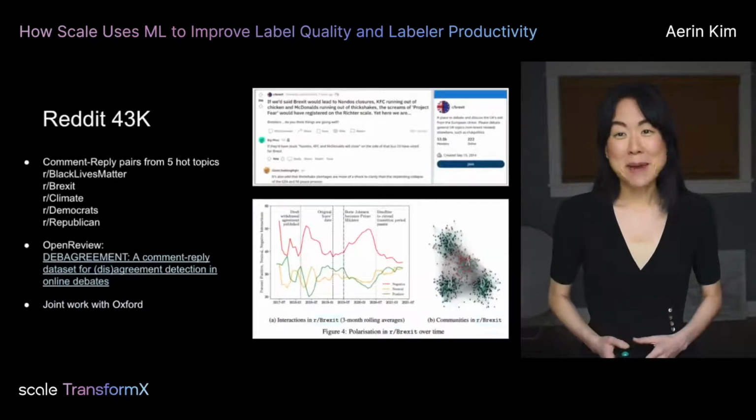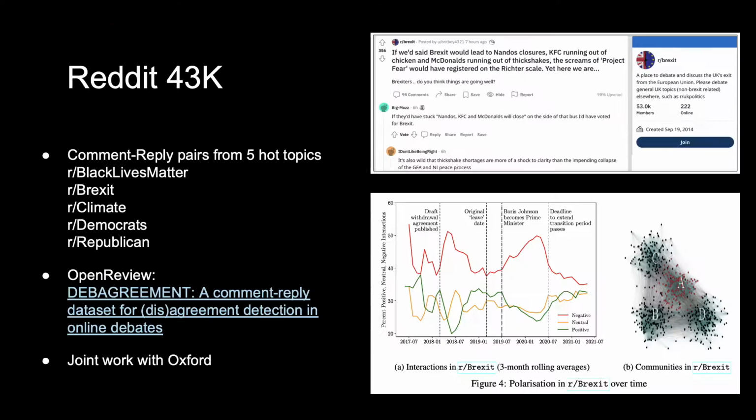The second paper is Reddit 43K dataset. We collected comment and reply pairs from Reddit and annotated those pairs as either agree or disagree or neutral. The data is collected from 5 different forums: Black Lives Matter, Brexit, Climate, Democrats, and Republicans.